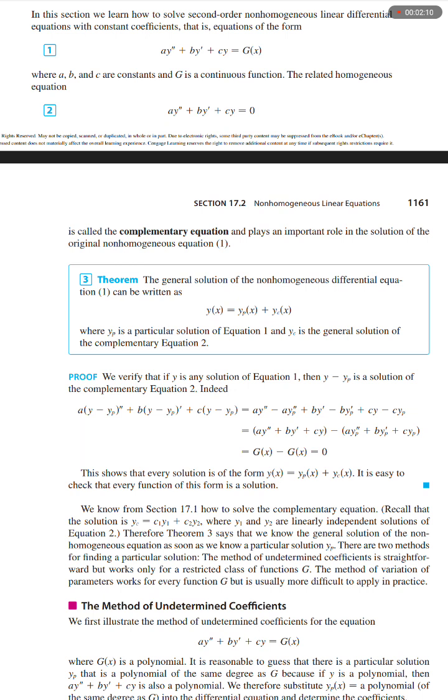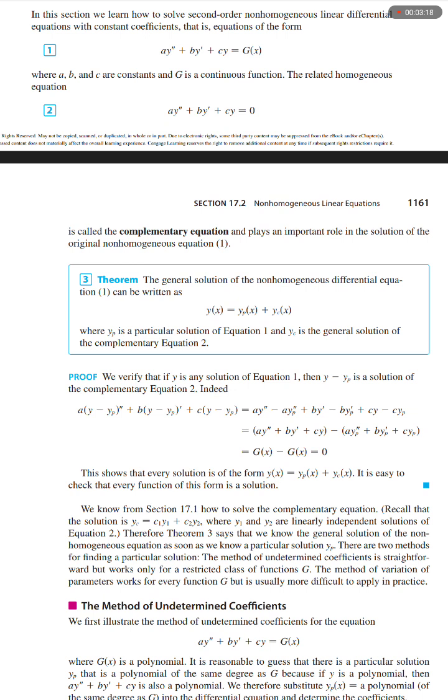Indeed, a (y minus y sub p) double prime plus b (y minus y sub p) prime plus c (y minus y sub p) equals a y double prime minus a y sub p double prime plus b y prime minus b y sub p prime plus c y minus c y sub p equals (a y double prime plus b y prime plus c y) minus (a y sub p double prime plus b y sub p prime plus c y sub p) equals G of x minus G of x equals 0.